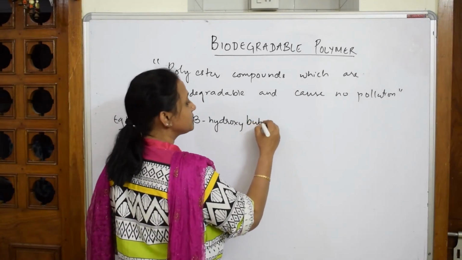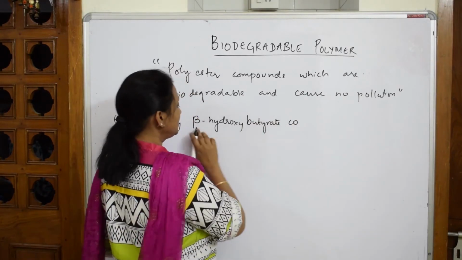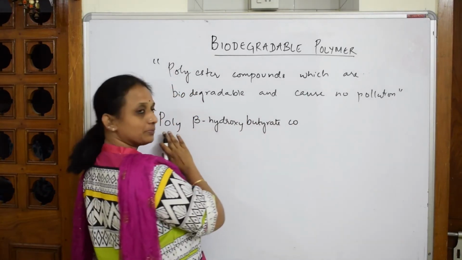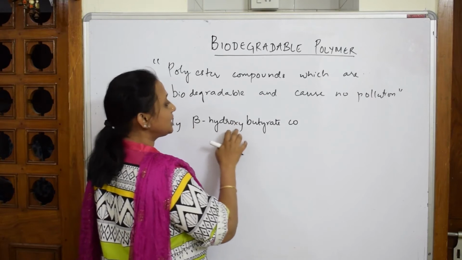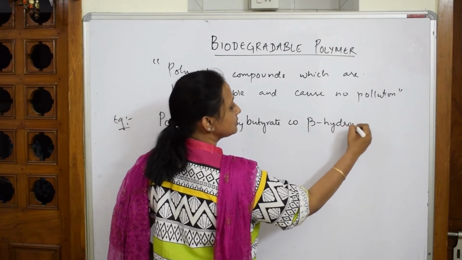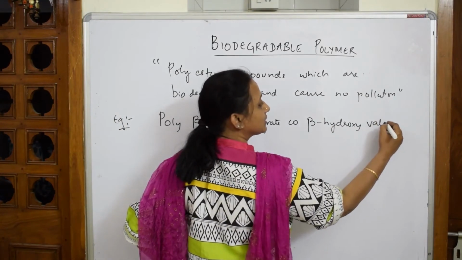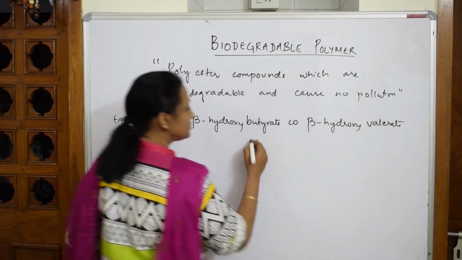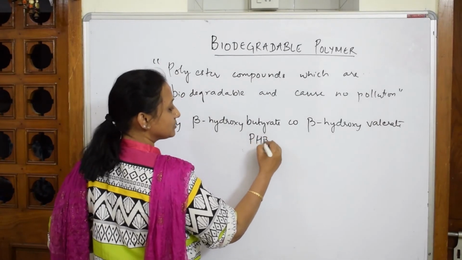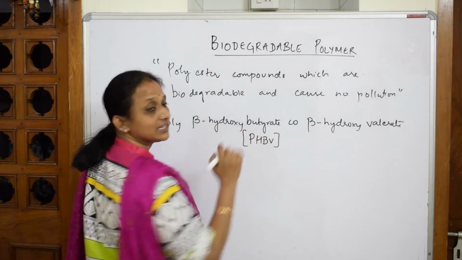The first is butyrate, co, that same thing again. Don't write poly. Poly already we've written. Again, beta hydroxy. Here butyrate. Here it is valerate. So the full form is PHBV. This is biodegradable polyhydroxy butyrate and valerate.